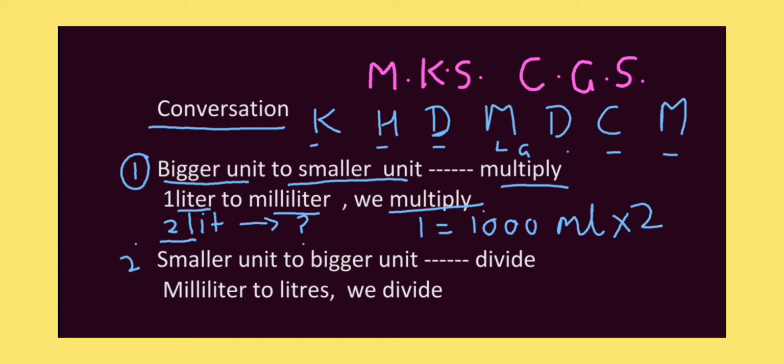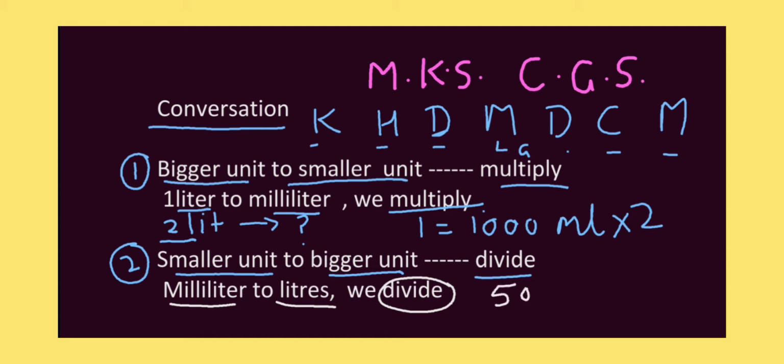The second clue which I am going to give you here: when we convert a smaller unit to a bigger unit, in that case we divide. For example, if we are given milliliters and we are asked how many liters, then we have to divide. For example, if I have been asked 500 centimeters is equal to how many meters?